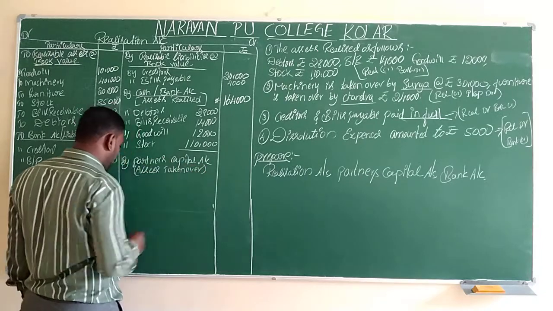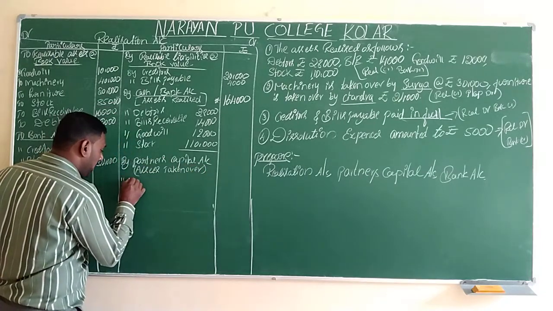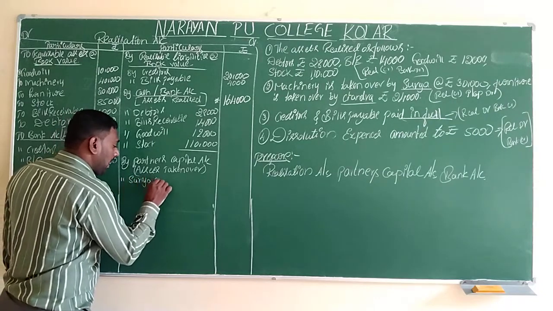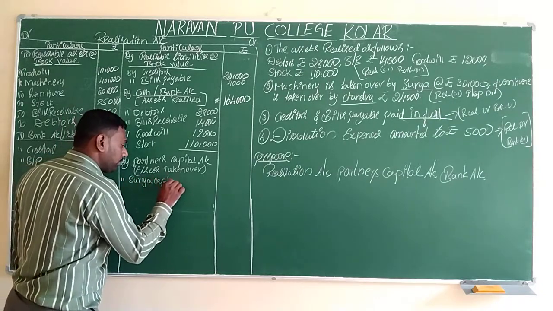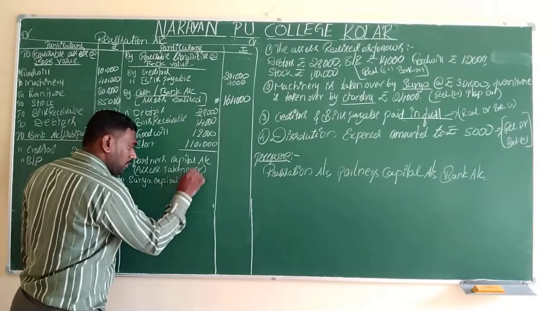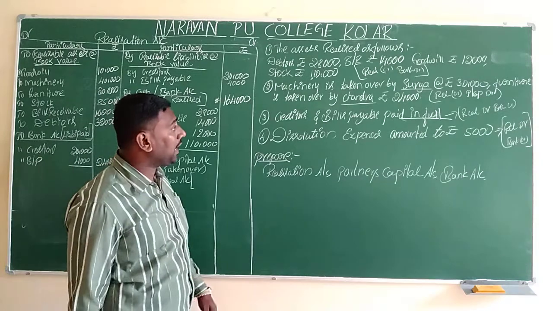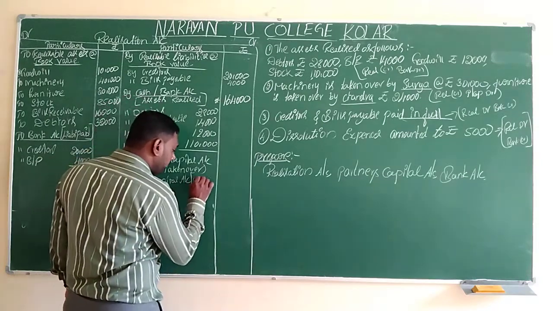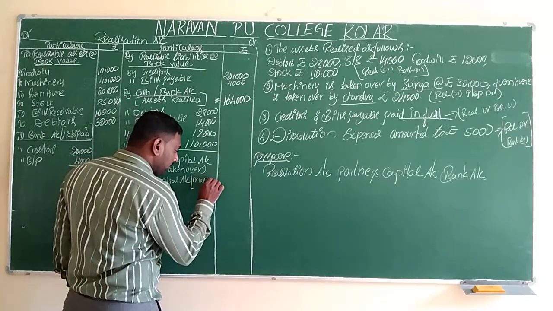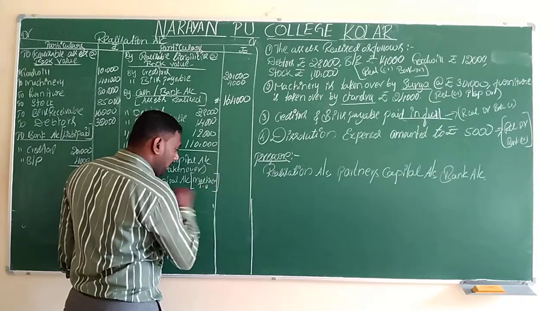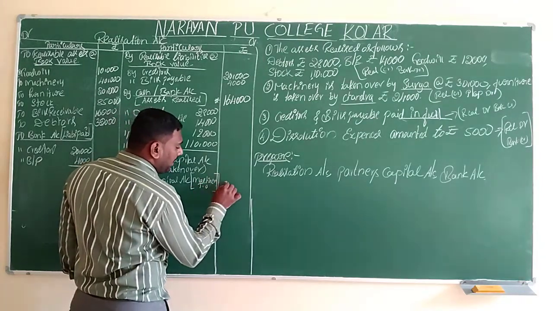Assets taken over. First we have to write by Surya capital account. In bracket mention what he is going to take over: machinery taken over. Value is 30,000.